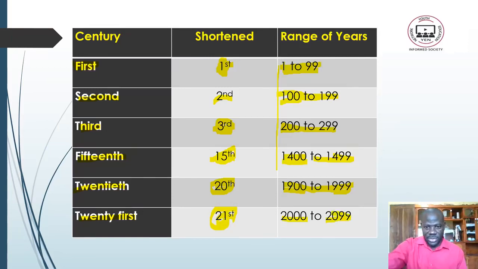So the question is, in which century are we living now? You can see that we are between 2000 and 2099. Therefore, we are in the 21st century. So that's how time is presented.